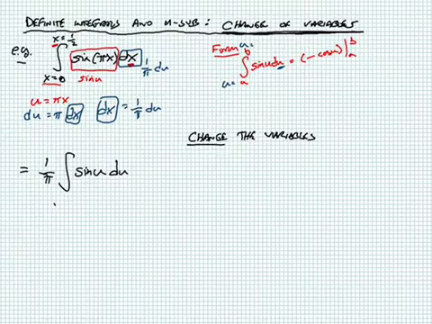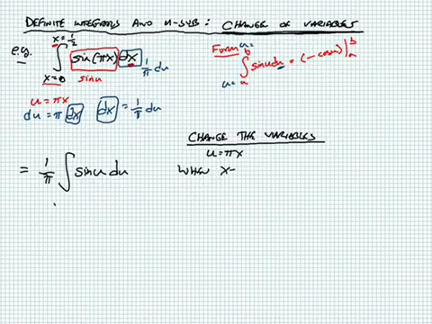Okay, so I want to change the x's from the original definite integral into u's. So I'm going to rewrite my u here. So my u is pi x. That was my substitution. So when x equals 0, which is the lower bound of the original integral, then what I need to do is get this in terms of u. So u is equal to pi times x. Well, when x is 0, u is 0.